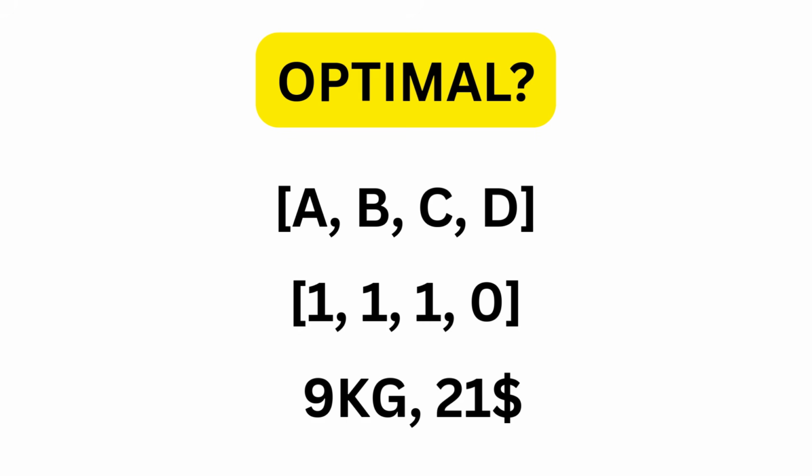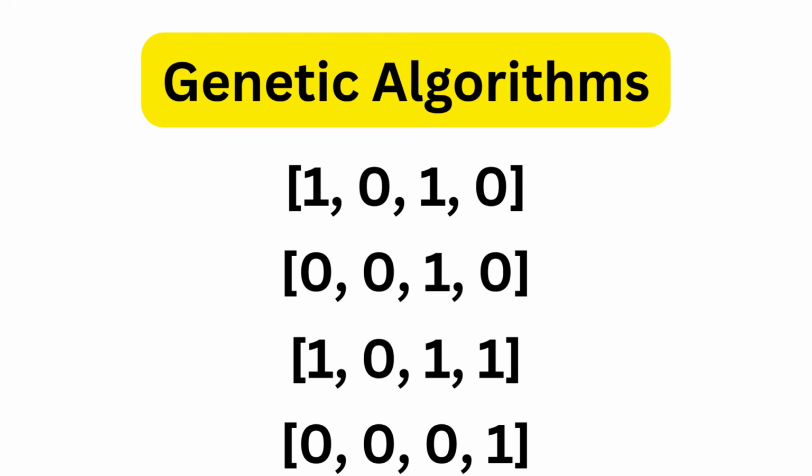So our solution is not optimal and we are stuck in local maxima. So hill climbing improves the solution step by step by exploring the neighbors and moving to a better state until no better neighbor exists. Can we optimize this problem using a different local search algorithm such as genetic algorithm?